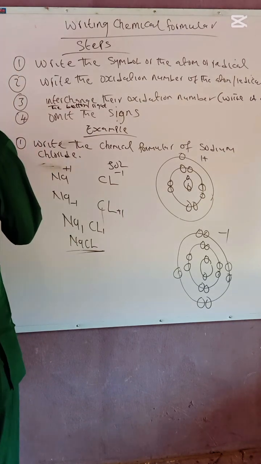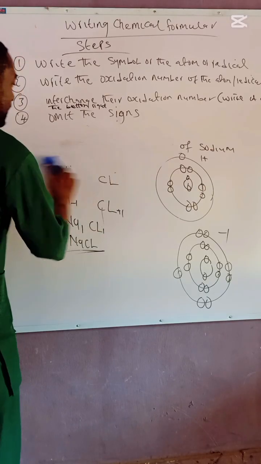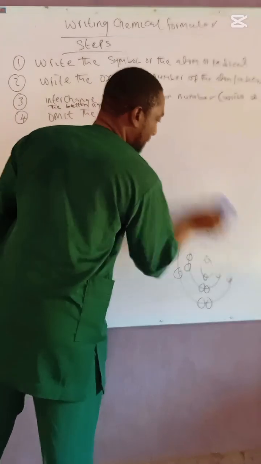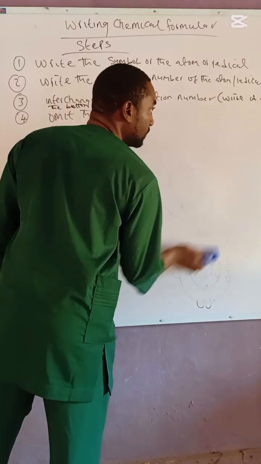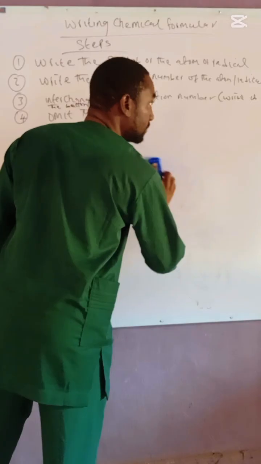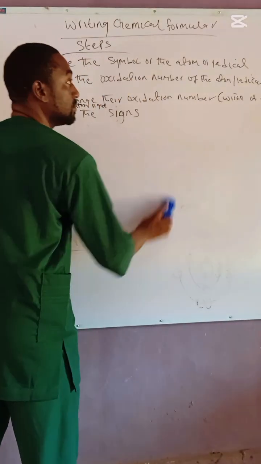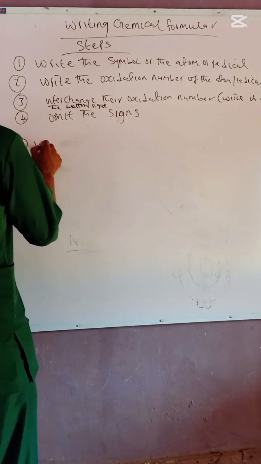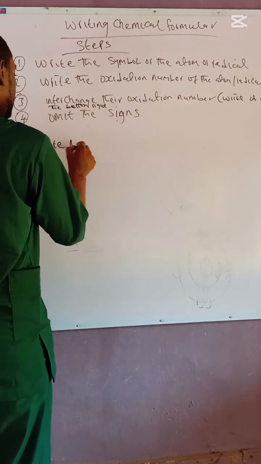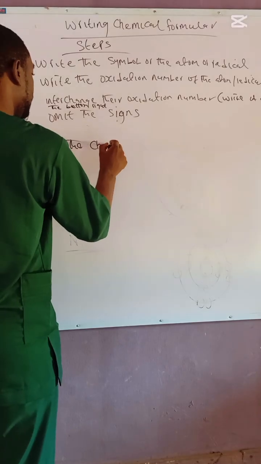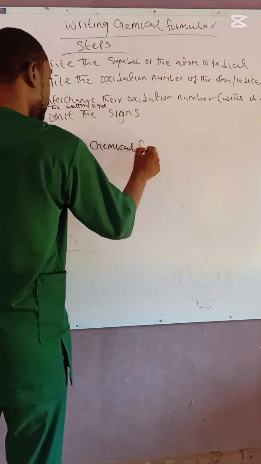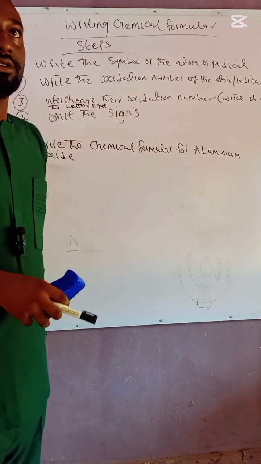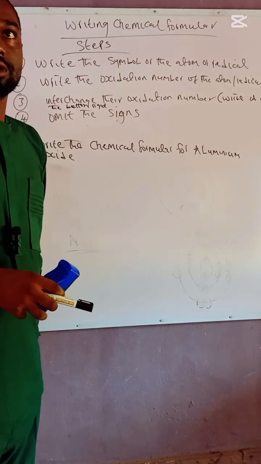So number 2 you say write the chemical formula for aluminium oxide.